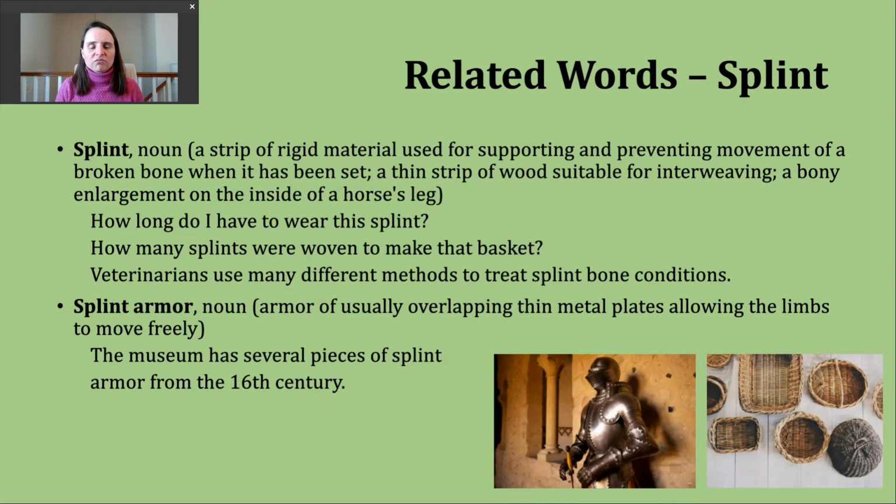So it might look something a bit like that. An example sentence here, the museum has several pieces of splint armor from the 16th century. So I'm far from an expert in this area, but I have seen it used or mentioned as I have read about history.